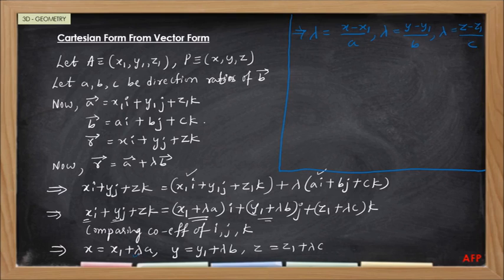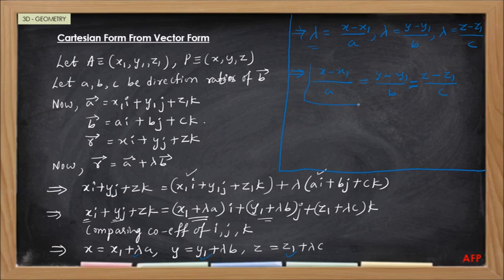Using these three equations we have found the lambda value. In all the cases lambda is equal, so this implies x minus x1 by a equals y minus y1 by b equals z minus z1 by c.